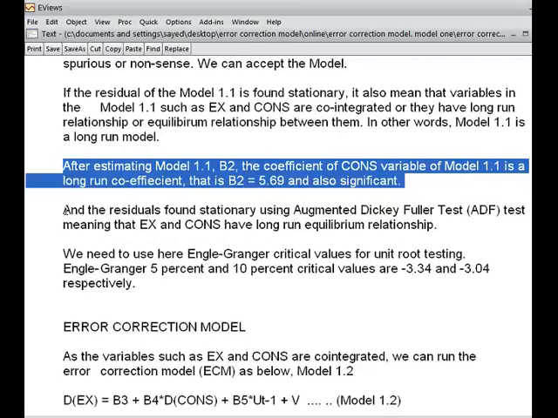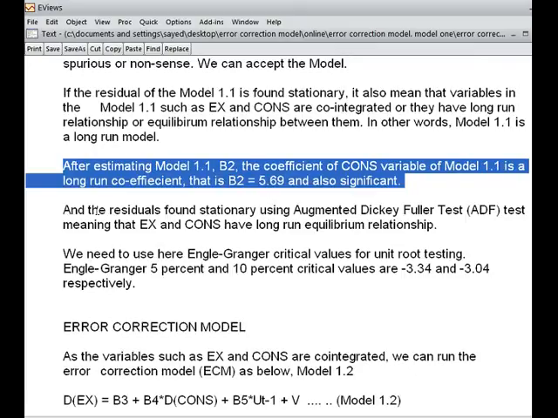So we can use the augmented Dickey-Fuller test to check whether a variable is a stationary or not, or our residual is stationary or not. So we can check it using augmented Dickey-Fuller test.